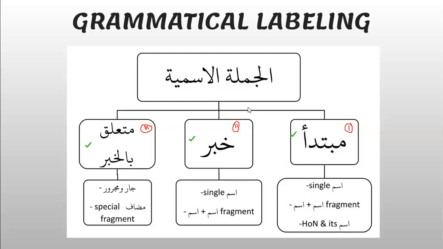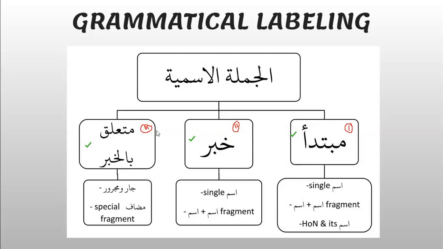So what is mubtada? Mubtada is not always a single ism. Mubtada is the thing that you are describing. Mubtada is the main subject of the sentence, and khabar is the description of the mubtada.